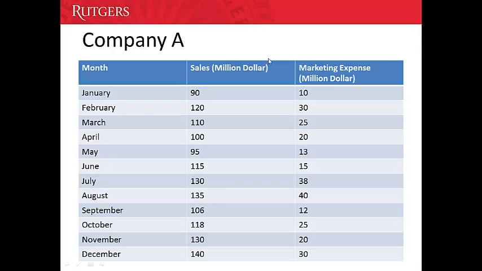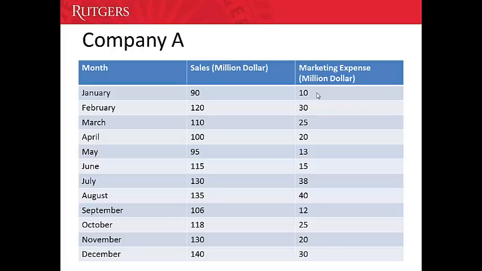We try to identify the relation between the sales and the marketing expense. Suppose the marketing expense is mostly advertising. For the first month, January, the sales is $90 million and the expense is $10 million.